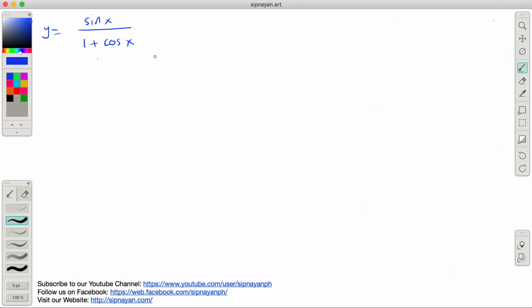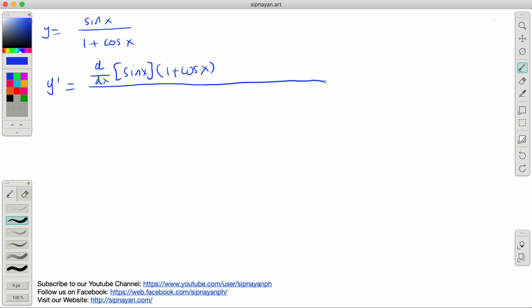So, paano yun? Diba naalala nyo, pwede natin yung derivative i-denote as y prime. So, we get the derivative of f of x, of sine x, and then multiply by 1 plus cosine x.